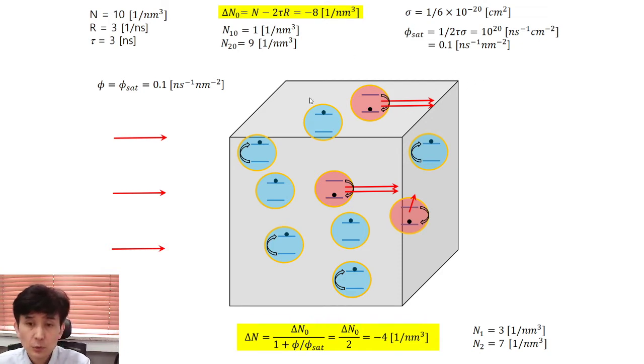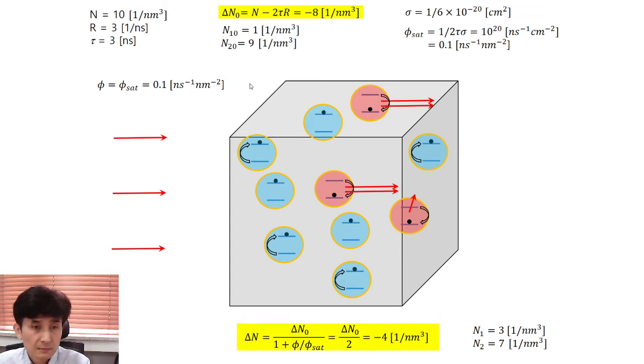Right. So for a volume of 1 nanometer cube, we'll use this phi set as 0.1 photons per nanosecond per nanometer square.